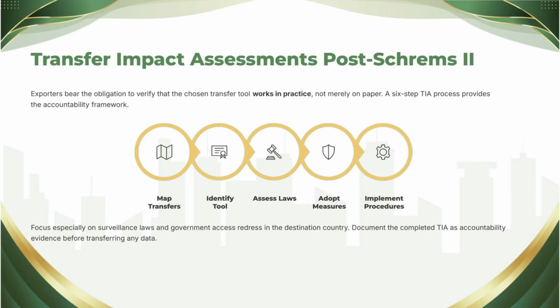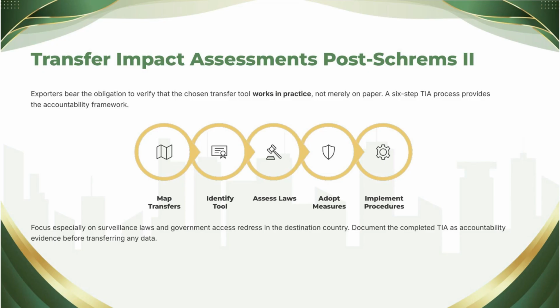Next slide subject. Step 5. Take procedural steps your measures require. Some contractual additions may need regulator involvement. Step 6. Re-evaluate at appropriate intervals. Laws change, practices change. Your paper conclusion from 2022 is not evidence about today.